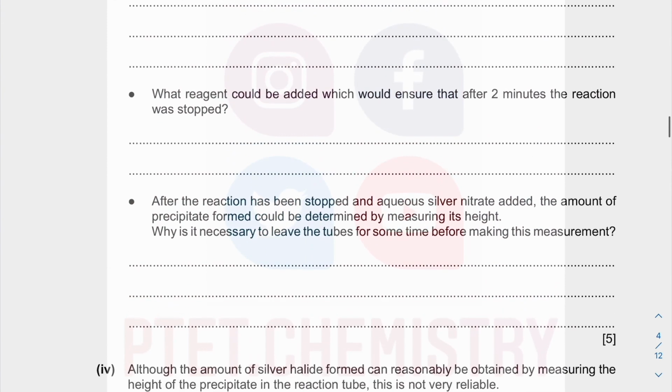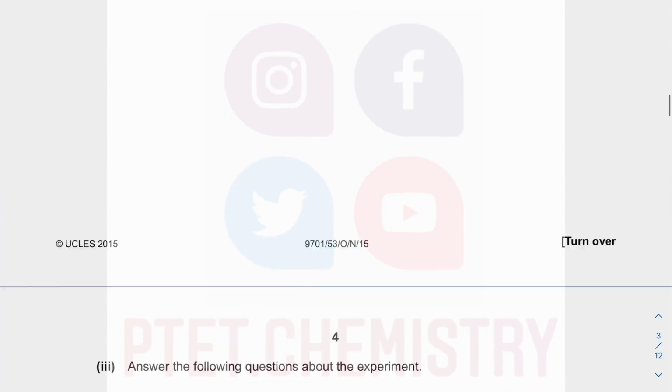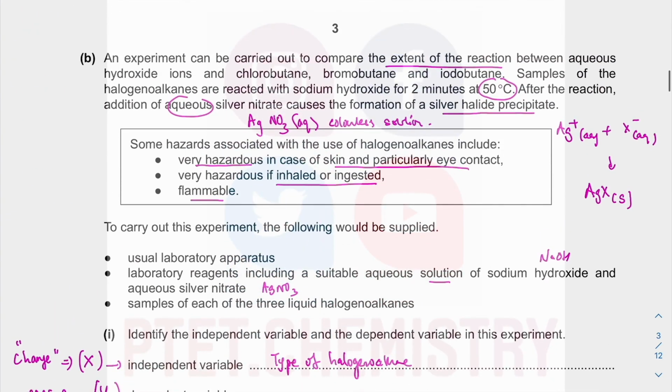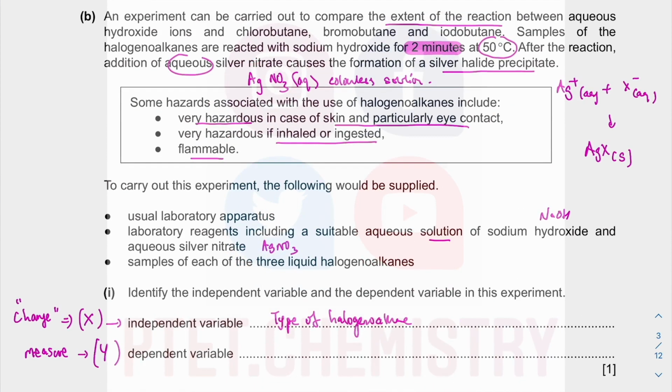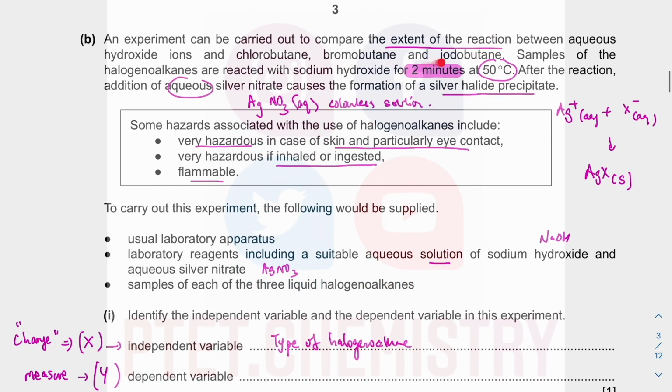But remember that for all of these, you are stopping it after 2 minutes. All of it, you stop it after 2 minutes. So you are not changing the time, okay? I was a bit dubious about this because in a different variation of this experiment, you would just add the silver nitrate together with the haloalkanes, and then you record the time taken for the precipitate to form.